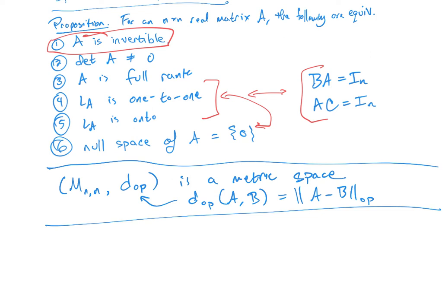The second part of the big result says that the function that takes a matrix to its inverse is a continuous function with respect to the operator metric.